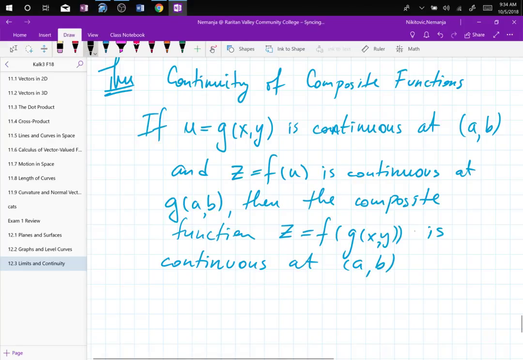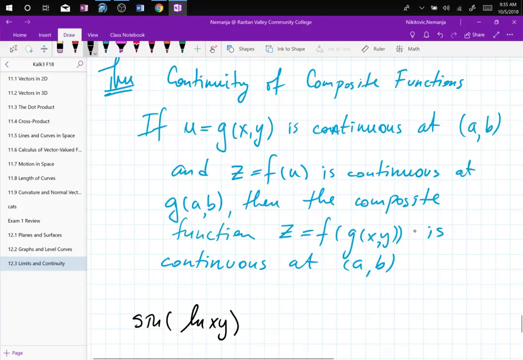Well, you're just looking for continuous functions. If you have something that is composite, let's say sine of, let's just make it bad, like ln xy. How about that, right? Sine of ln xy. Well, xy is continuous. Those are polynomials. ln of xy is continuous.